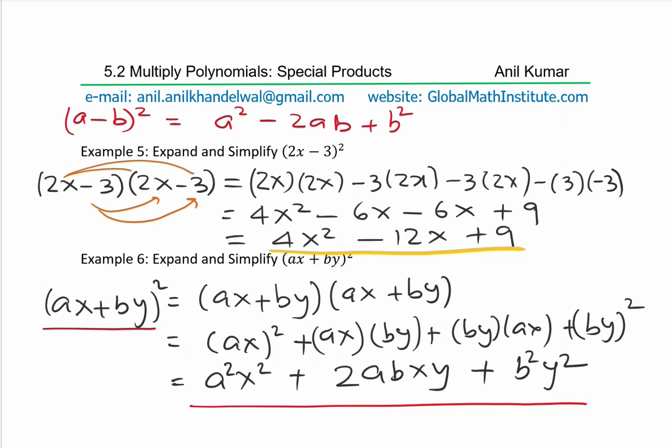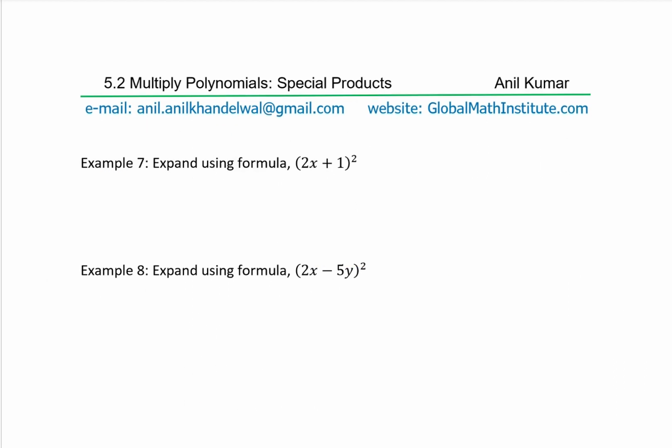Well, let's get back to the formulas. Here in examples 7 and 8, the question is to expand using the formula (2x plus 1) whole squared. Now let us try to understand exactly how we use formulas to write the answers quickly. So let me rewrite the formula once.